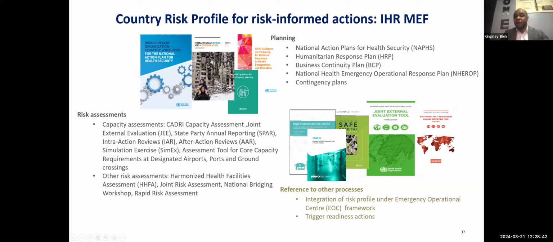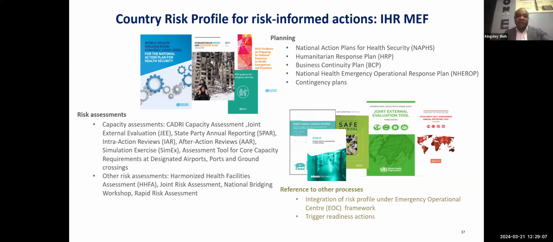The information gathered during the risk assessments can also be used and referenced during other risk assessments. In fact, some of the findings from the strategic risk assessments can inform countries that want to do a deep dive and further risk assessment. They can say, oh okay, there is a risk coming up, can we start planning for a rapid risk assessment?